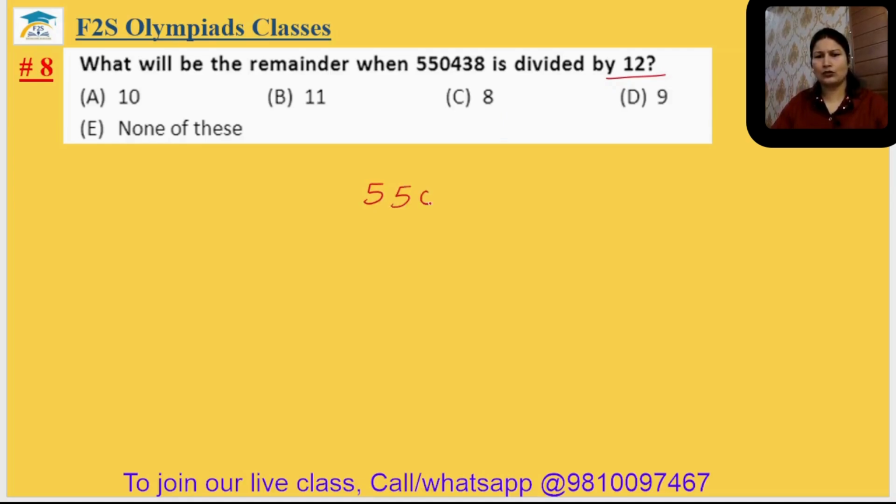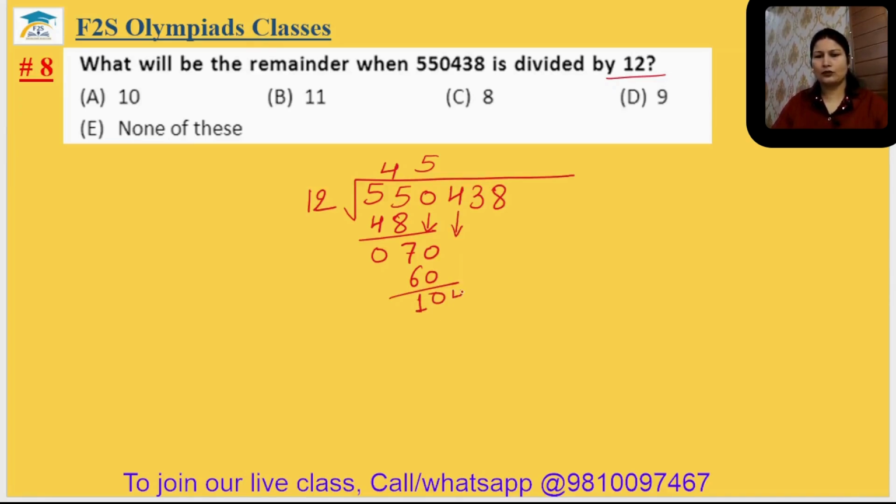I am just doing it for you. 550438 divided by 12. 4s are 48. 15 minus 8, 7. 0 will drop down. 5s are 60. 4 will drop down. 8s are 96.